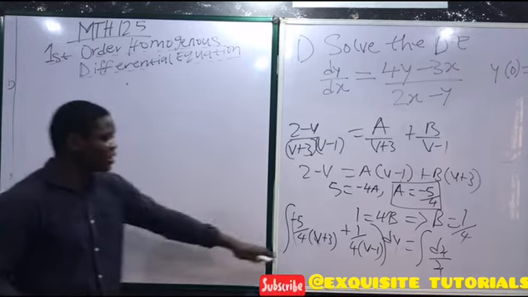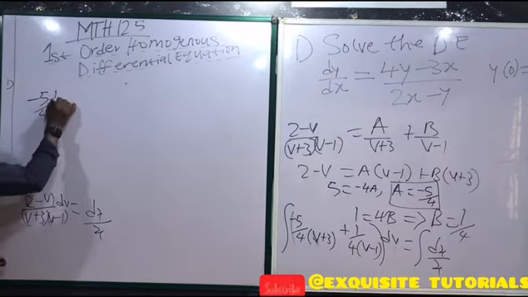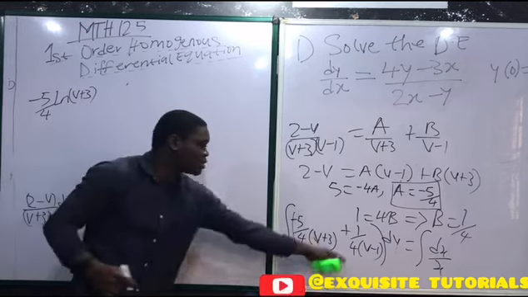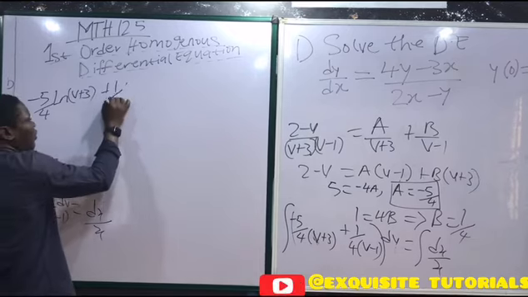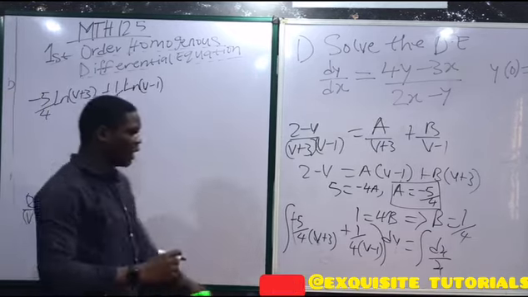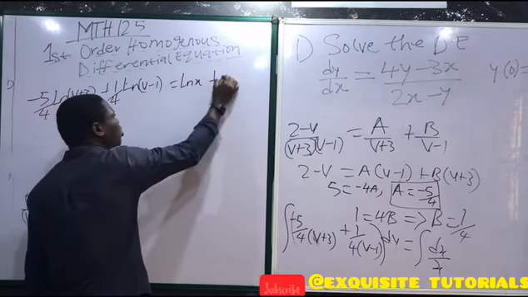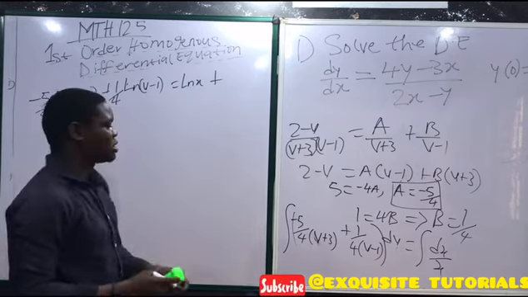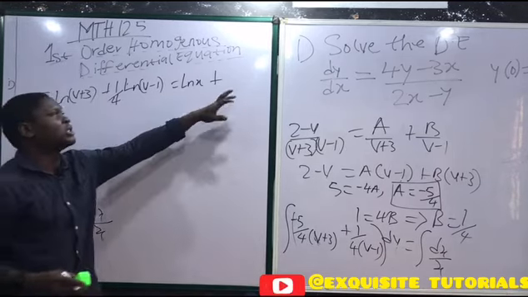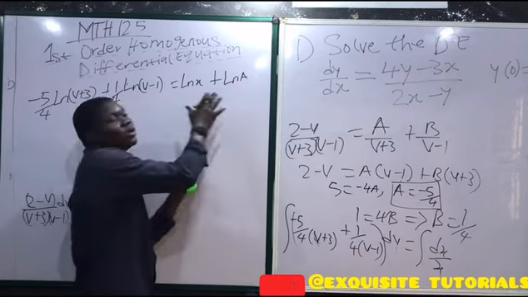If I integrate this, I will have minus 5 over 4 ln v plus 3. If I integrate this, I will have plus 1 over 4 ln v minus 1. And if I integrate 1 over x, I will have ln x plus, now I want everything to have natural log, so instead of writing a constant c, I will just change it to natural log so that everything will be in line.